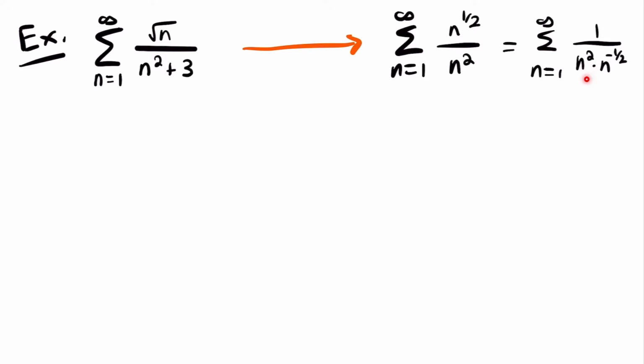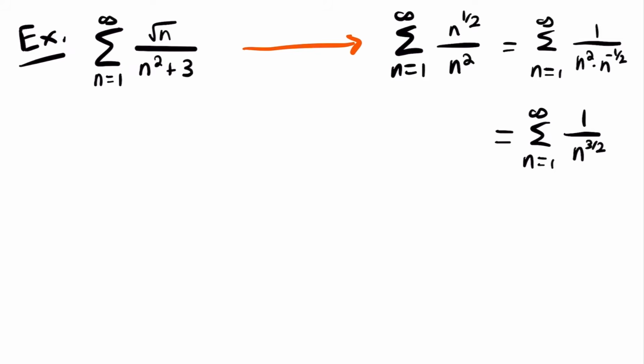And then n squared times n to the negative 1/2 power can be combined by adding the exponents. And so then this would be equal to the sum from n equals 1 to infinity of 1 divided by n to the power of 2 minus 1/2. And 2 minus 1/2 is 3/2, and so our power is 3/2.